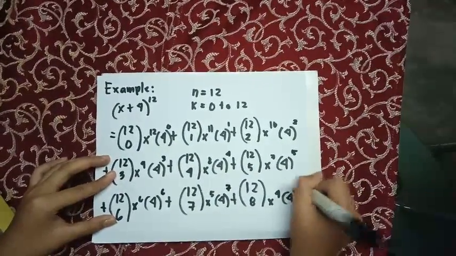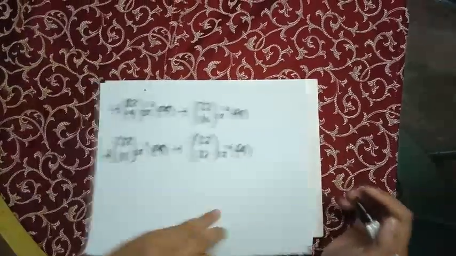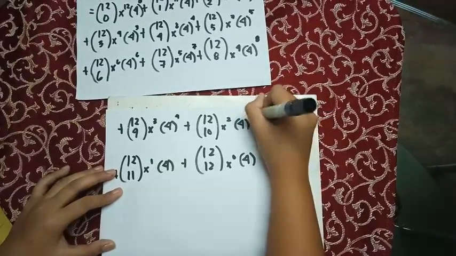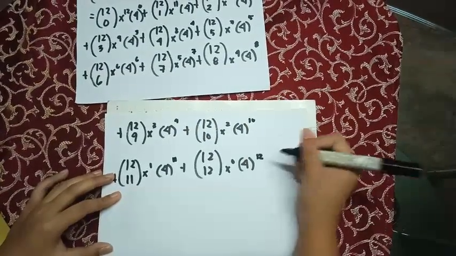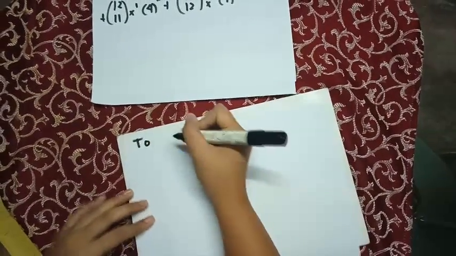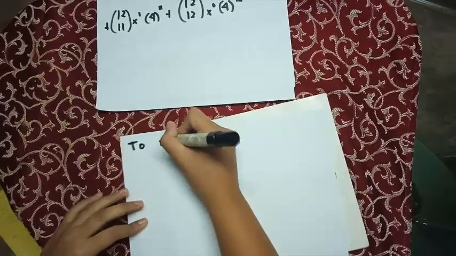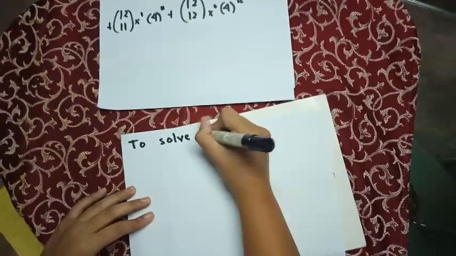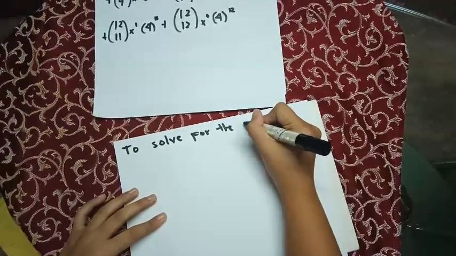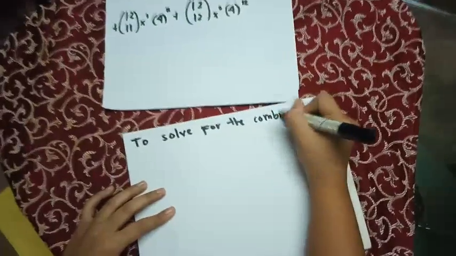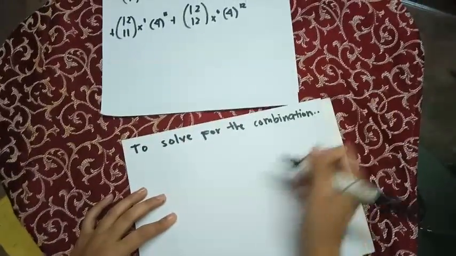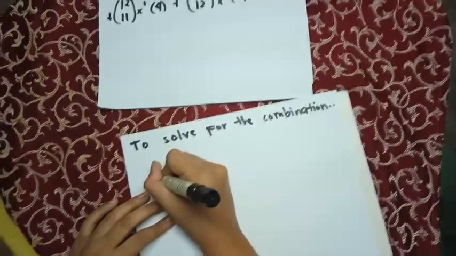So to solve for the combination, our formula is n choose r equals n factorial over r factorial times the quantity of n minus r factorial.